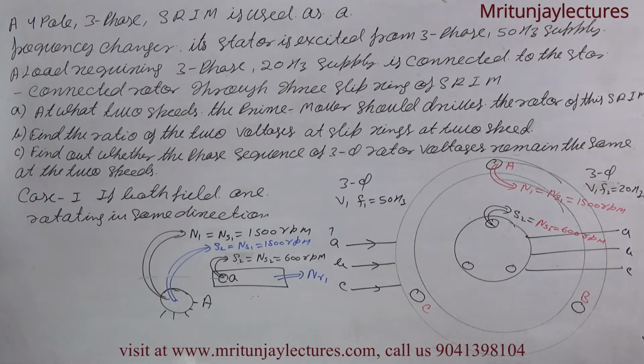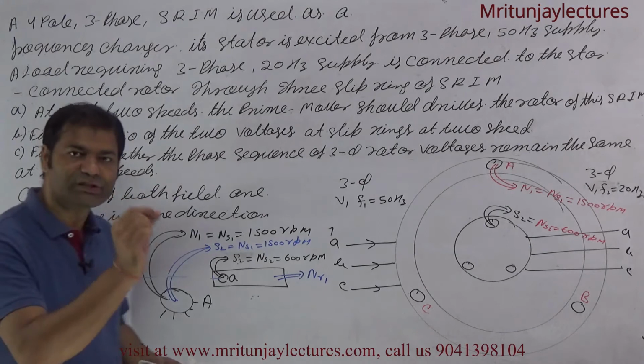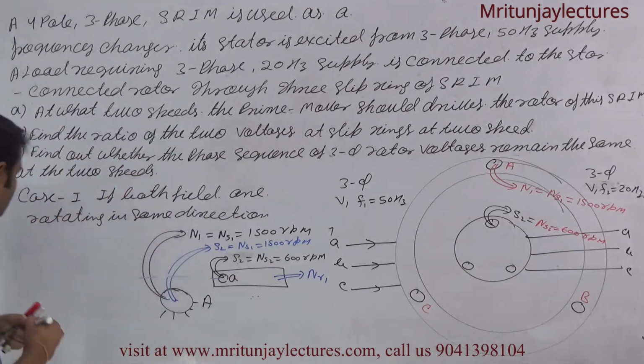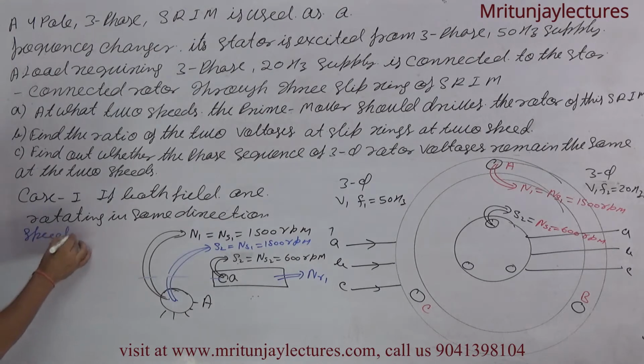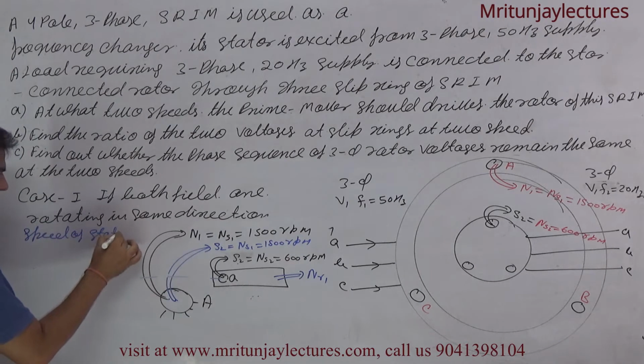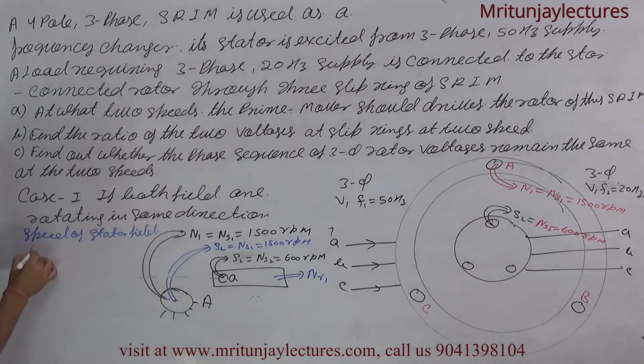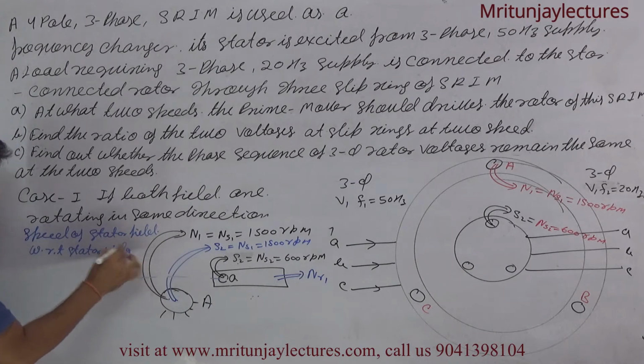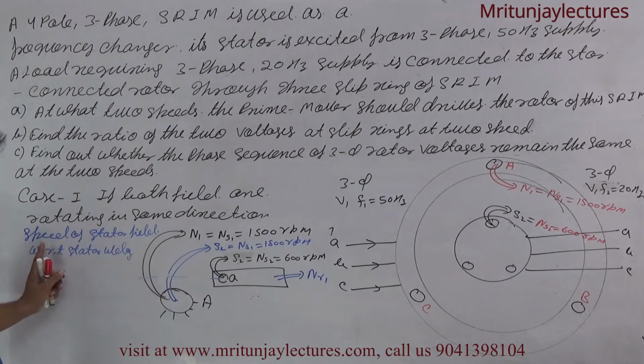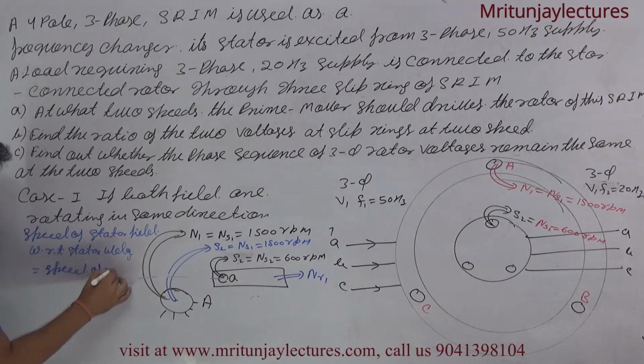So you can say that the speed of the stator field with respect to the stator winding is equal to the speed of the rotor field with respect to the stator winding, both are the same.